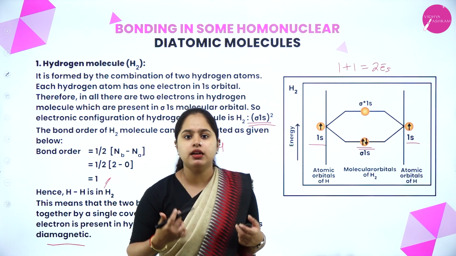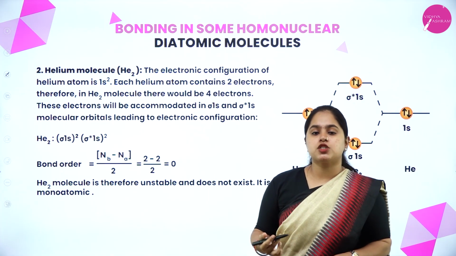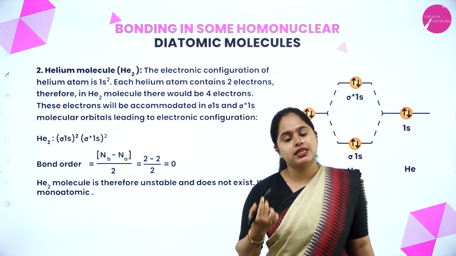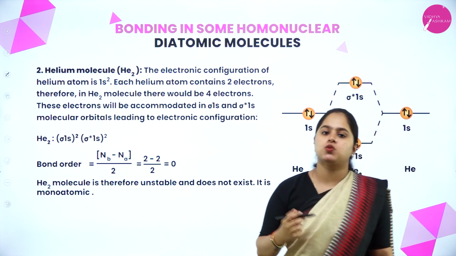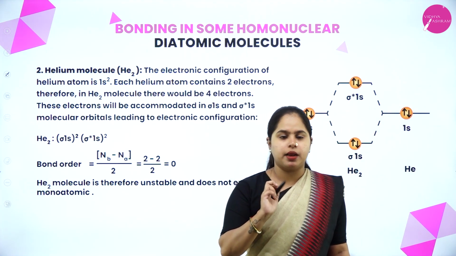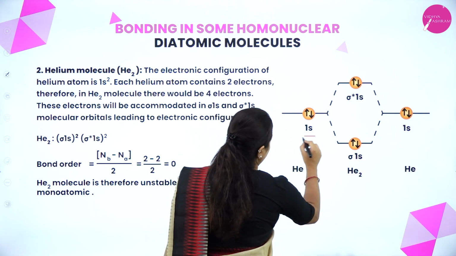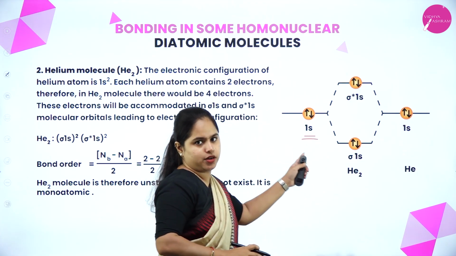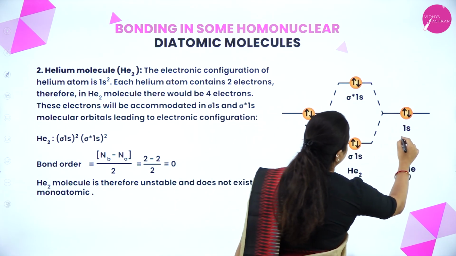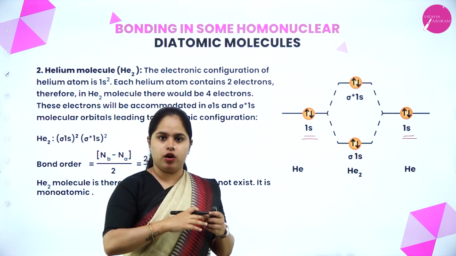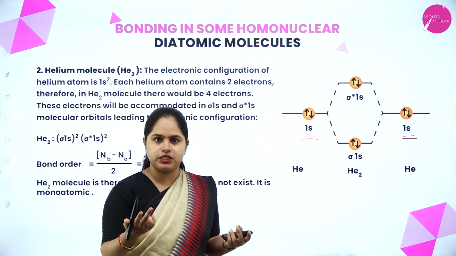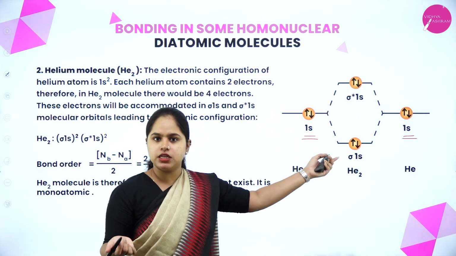So this is the bonding in the hydrogen molecule. Now moving on to the next one, that is the helium molecule. In the case of helium, we know that the electronic configuration of the helium atom is 1s2. It contains 2 electrons. So in the 1s orbital of one helium atom, 2 electrons are there, and in the 1s orbital of another helium atom, 2 electrons are there. Now the atomic orbitals combine and form 2 molecular orbitals, sigma 1s and sigma star 1s.